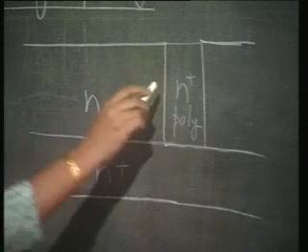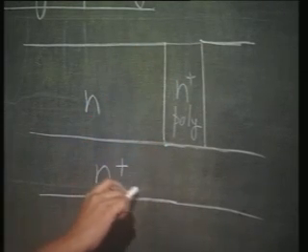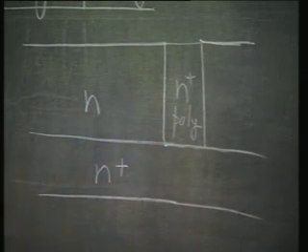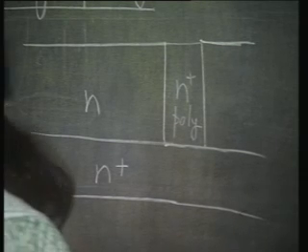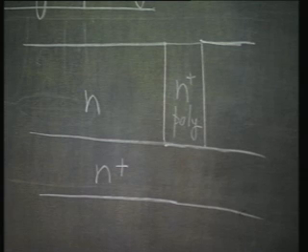What do we have? We have realized an N plus contact extending all the way down to the buried layer, which could serve both as your collector contact as well as for the substrate contact for the CMOS device.